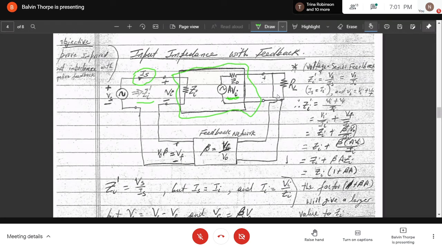Yes, sir. Good. So that's what we want to prove: the overall input impedance ZI prime equals VS over II.